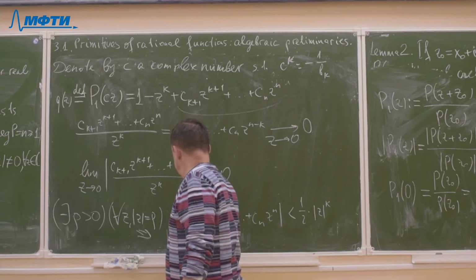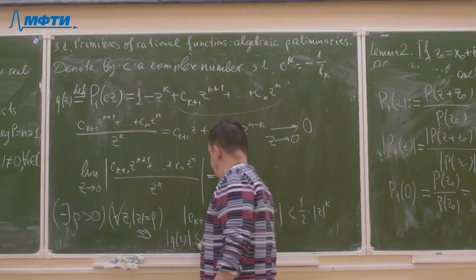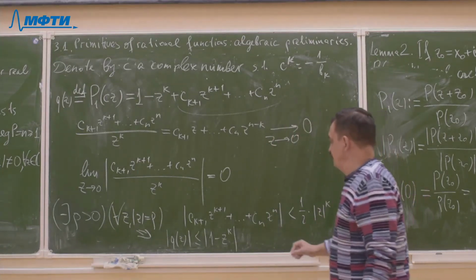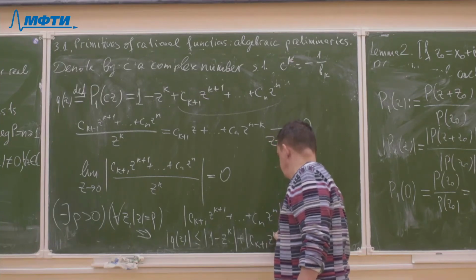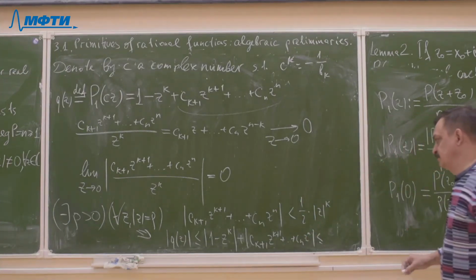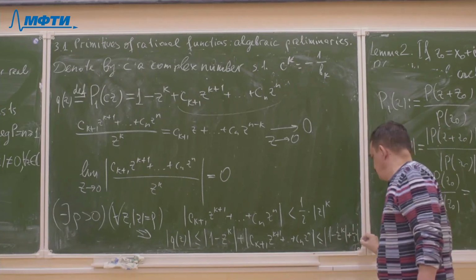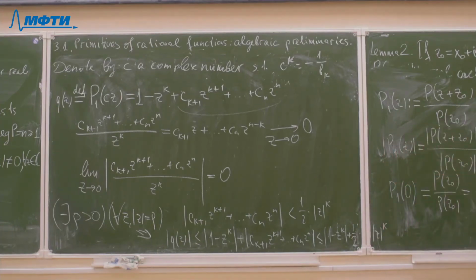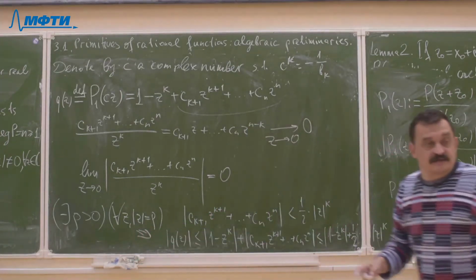The modulus of Q of z is less or equal to the modulus of 1 minus z to the power k, plus this modulus, which is less or equal to, okay, I will write it like that, plus 1/2 times the modulus of z to the power k. And that is valid for arbitrary z with modulus less than rho.